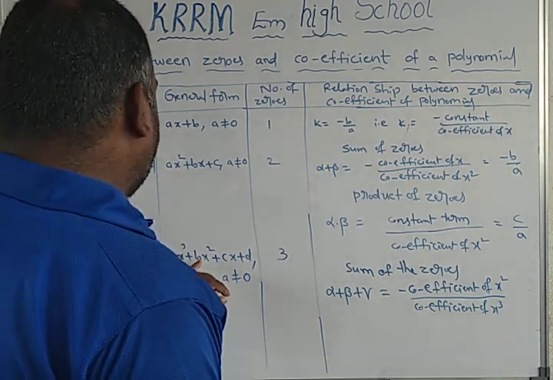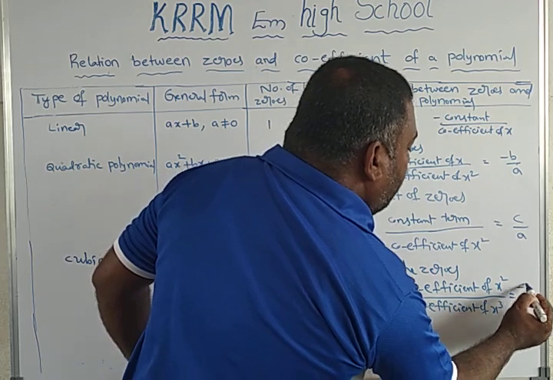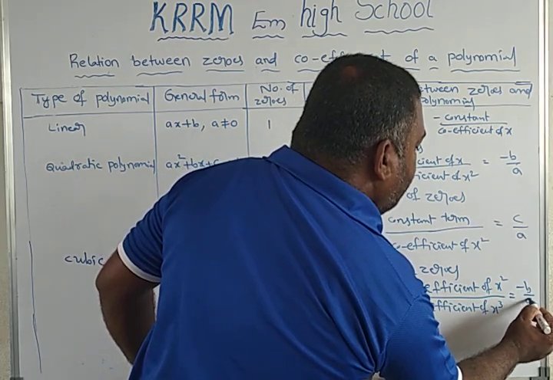What is the coefficient of x square? It is b, and the coefficient of x cubed is a, so the sum is equal to minus b by a.